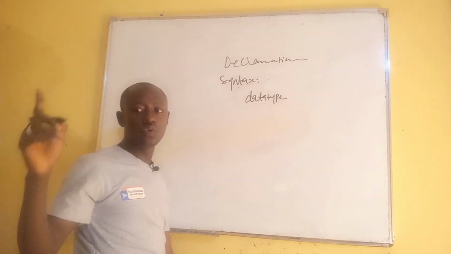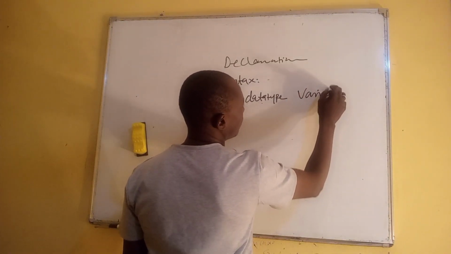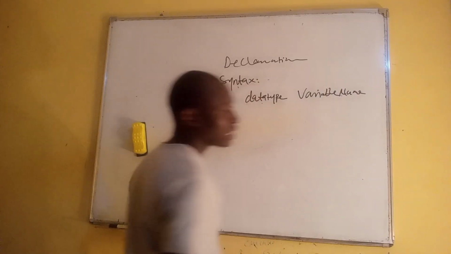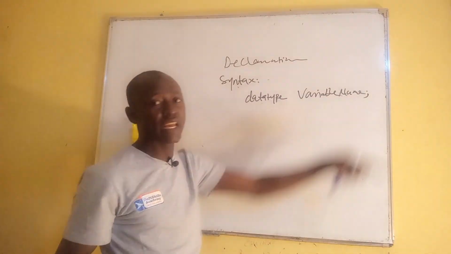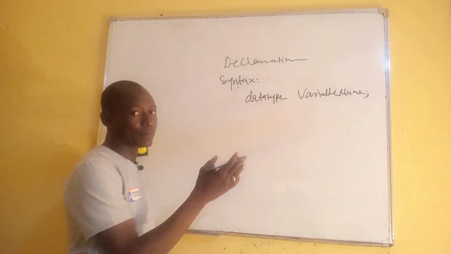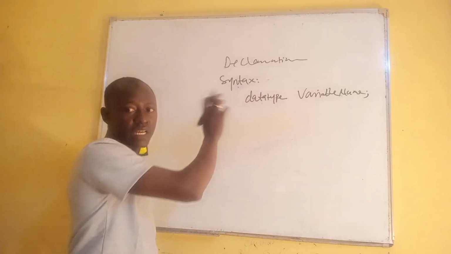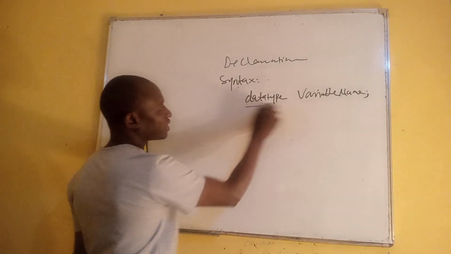then the variable name. Then you have your semicolon, which you use to end a statement in Java. This is the syntax of declaring a variable. Are we together? Looking at this, what is our data type?